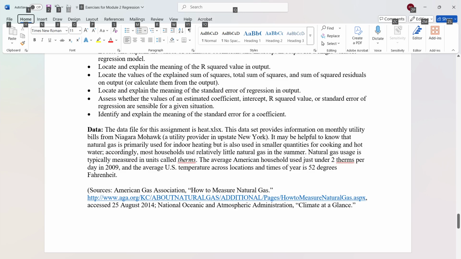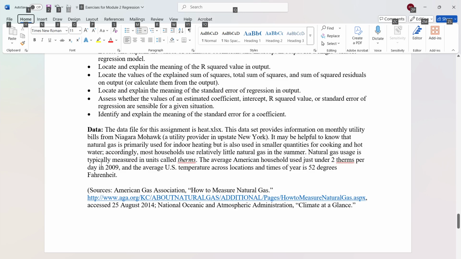Accordingly, most households use relatively little natural gas in the summer. If anyone is working at a utility, or in a field where you have very seasonal demand, so a lot of consumption of your product in one time of year and relatively little at another time of year, this is a nice little snapshot example.